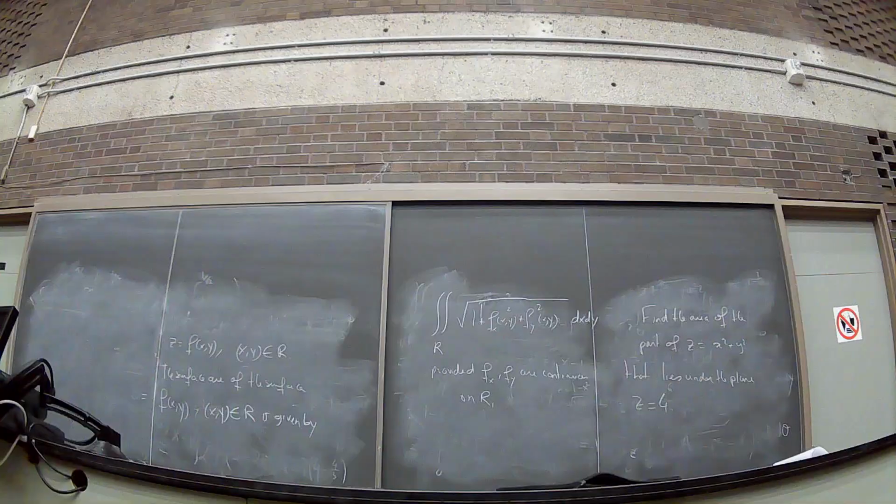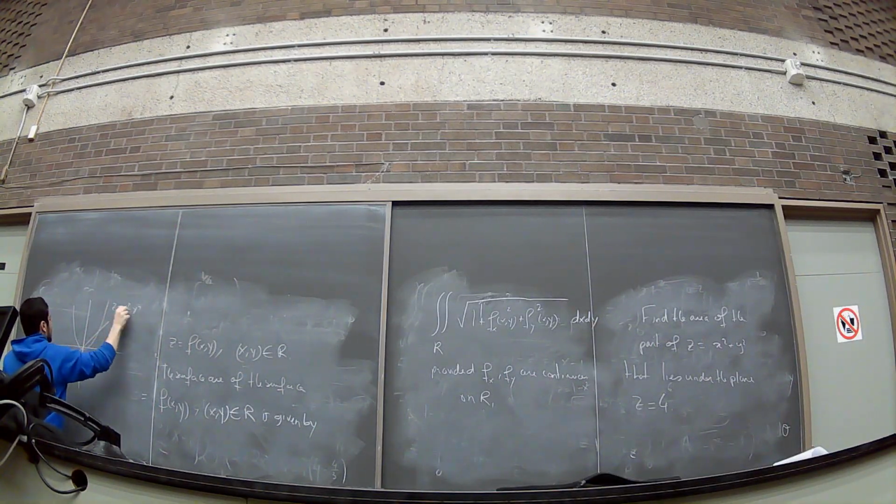Let's do this here. The paraboloid z equals x squared plus y squared is cut by the plane z equals 4, and the intersection of these two surfaces is a circle of radius 2 at height 4.